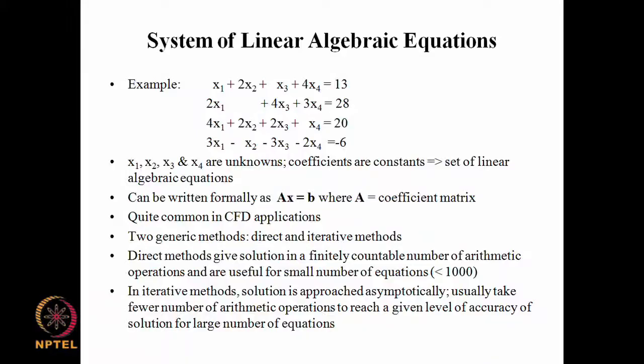And usually addition and subtraction take a small fraction of the time required for multiplication and division. So when we look at the number of arithmetic operations that are required for a solution of Ax equal to b, we are usually interested in the number of multiplications or divisions, and it is these things that matter to us in terms of estimating the total computational time.